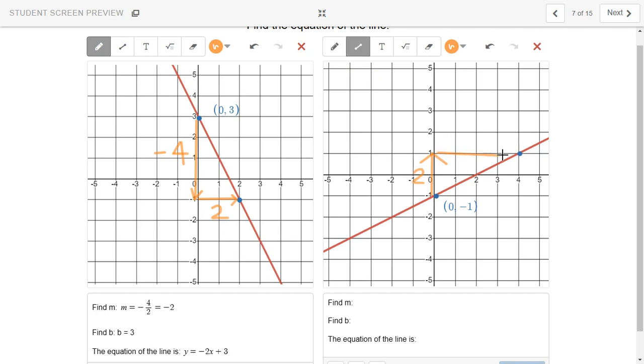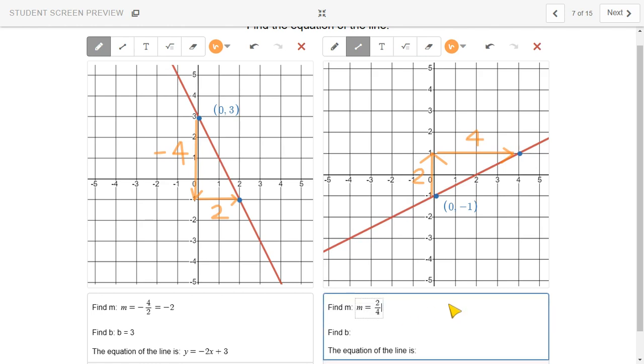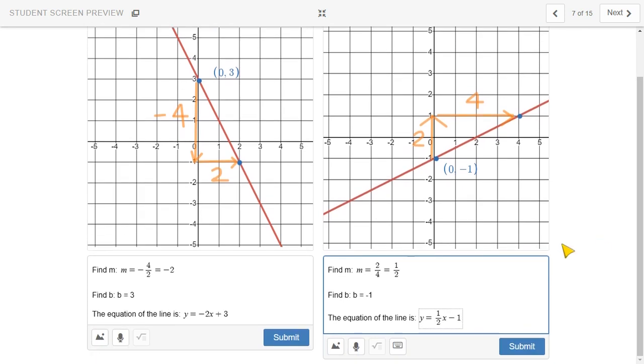And then we're going to run by 4 to the right. So our slope, we rose by 2, we ran by 4, and that simplifies to a half. The b in this case is equal to -1, and the equation of the line, y is equal to half x minus 1.